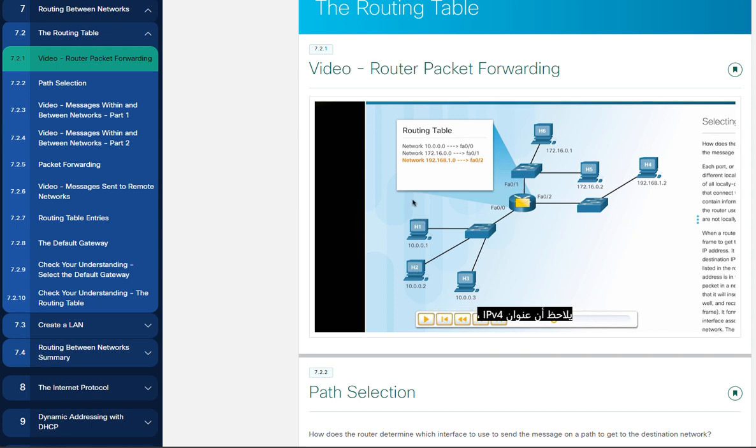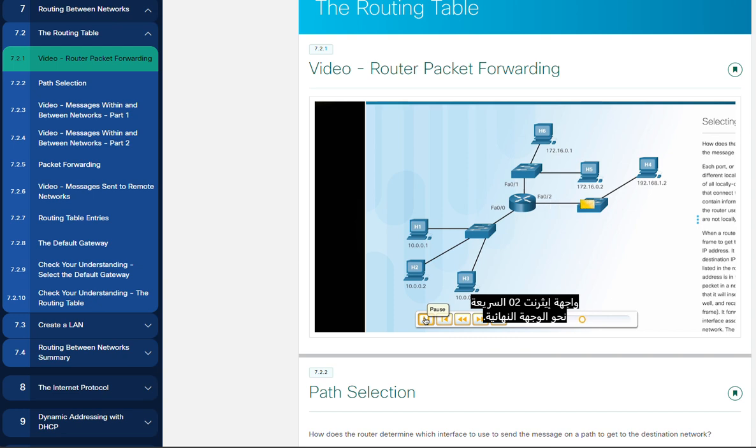It notices that the destination IPv4 address 192.168.1.2 is on the 192.168.1.0 network. And that network is on its Fast Ethernet 02 interface. So the router will go ahead and forward this packet out its Fast Ethernet 02 interface towards the final destination.